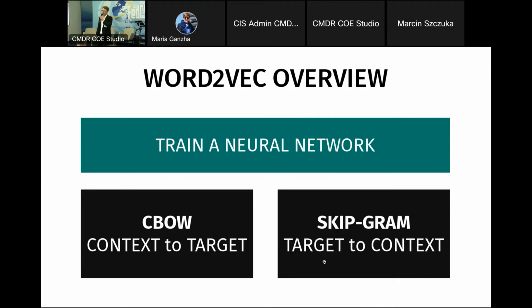These are usually one-hot encoded for the target word, and the context can be, for example, encoded using multi-hot encoding. So we have a vector of ones on a position that represent the target words. So this is one of the possible approaches. The second one is that we use skipgram, which is the other way around. So we use the target word to predict the context. The second one being more popular.